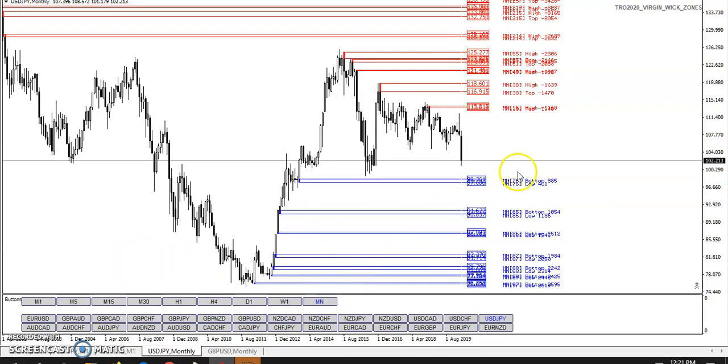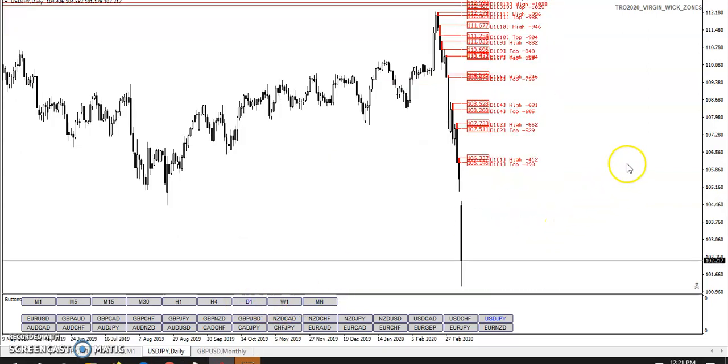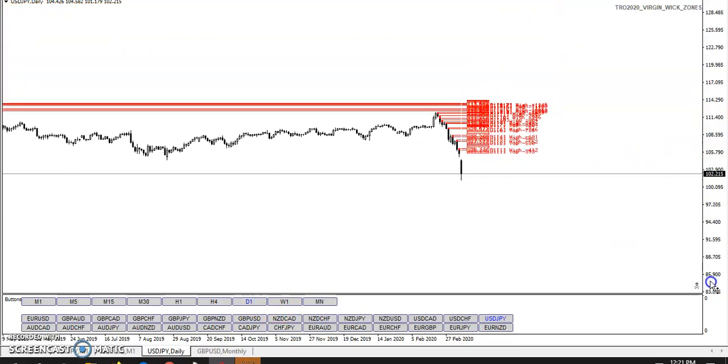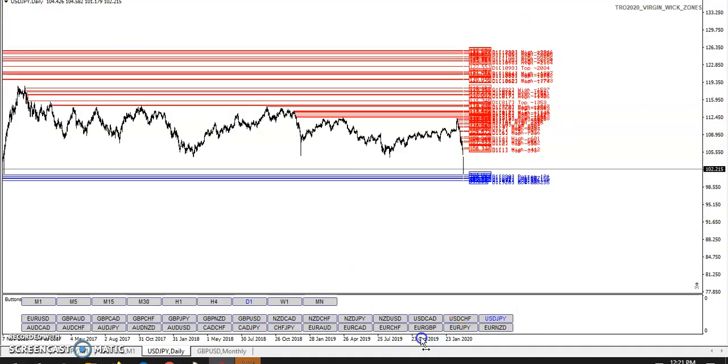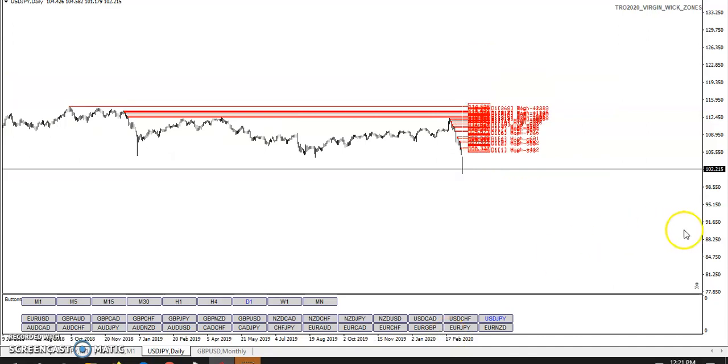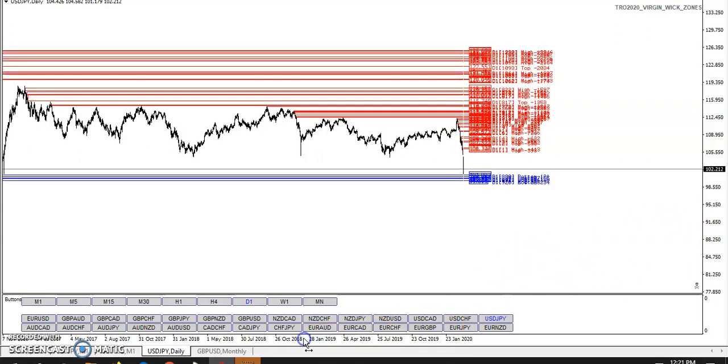And if you go all the way back to the months, you can see some more zones. And then on the daily, you can see you really have to scrunch the chart because of the way the indicator works.